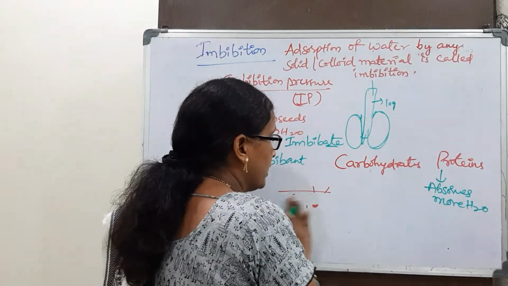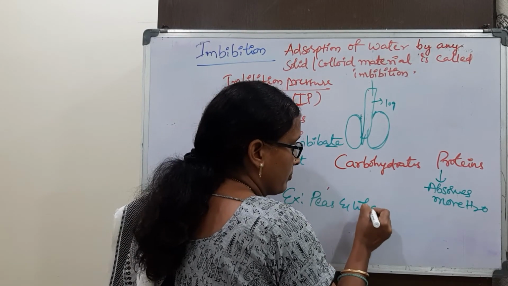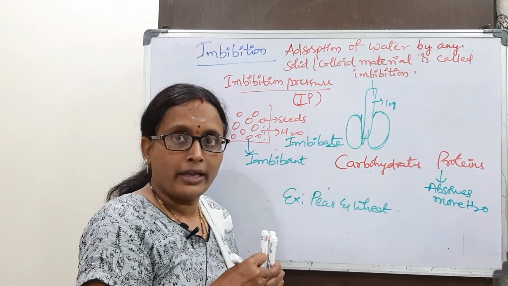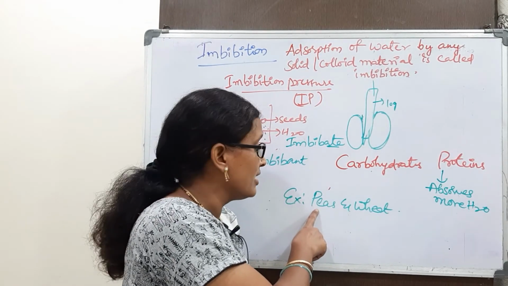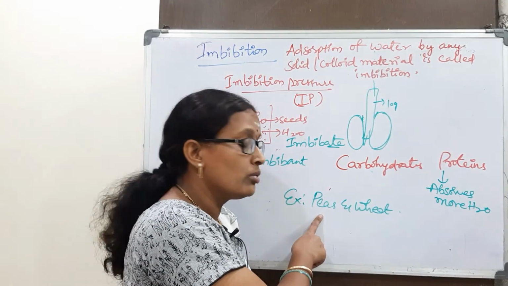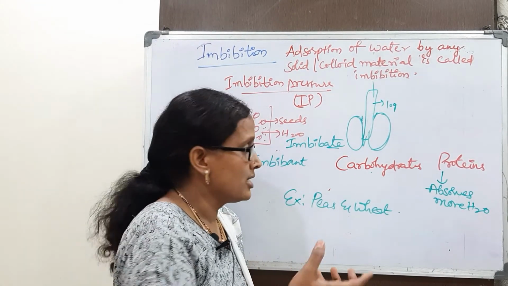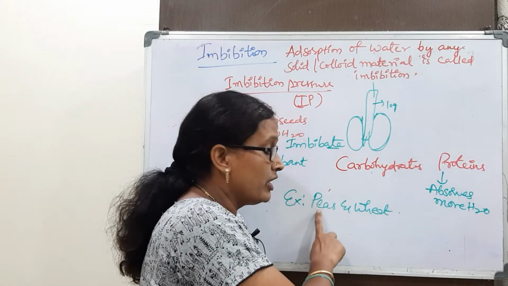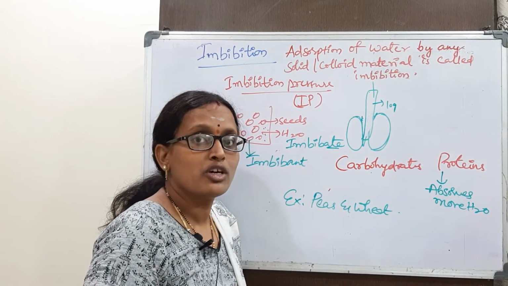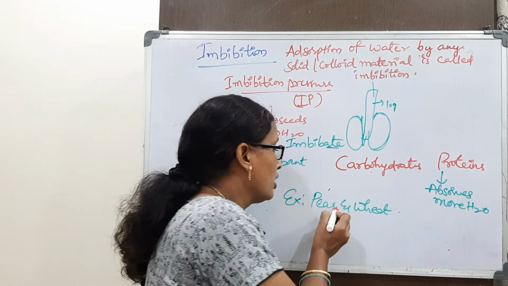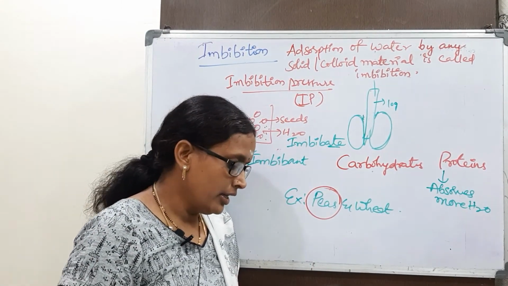If we take an example of peas and wheat, peas contain proteins, so they have more imbibing capacity than wheat. Wheat contains carbohydrates. So when we compare peas and wheat, the imbibition capacity, meaning water absorbing capacity, is more in peas. Okay, this is about imbibition.